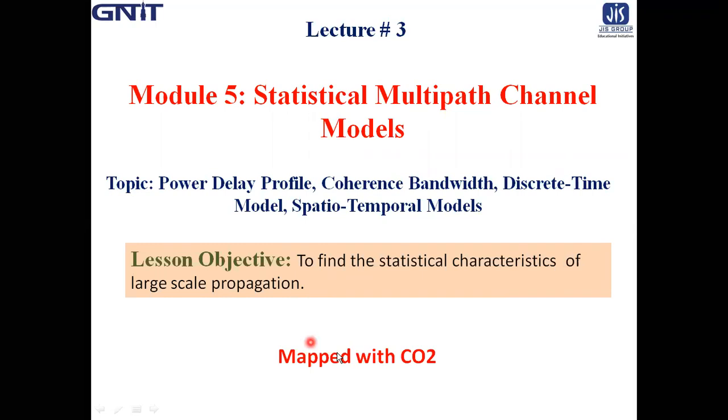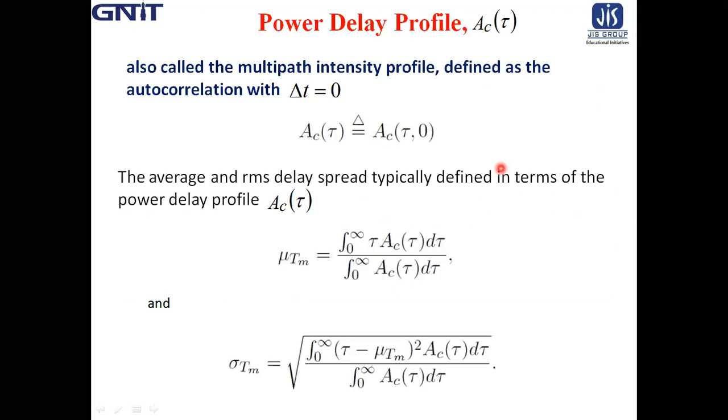So let us start lecture number 3 from module 5, statistical multipath channel models, with the topic of power delay profile. What is power delay profile? It is represented as A_c(tau) and also called the multipath intensity profile.